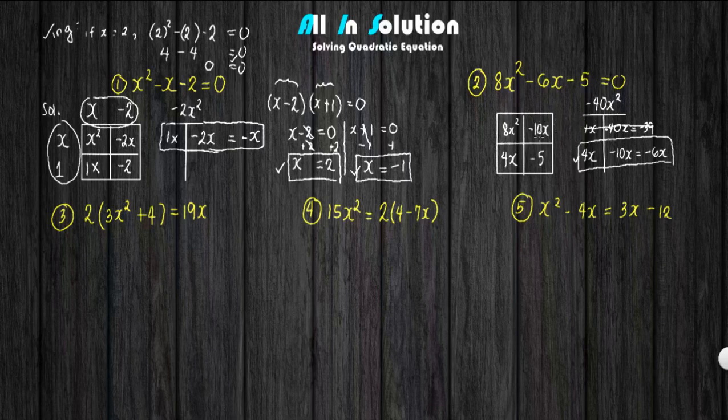No? The first column muna, let's get a common factor, negative 10x and negative 5. The common factor is negative 5. 8x squared and 4x, the common factor is 4x. And for the first row naman, ang common factor nila is 2x. Okay? And then, yung sa last, ang common factor ay 1 only.